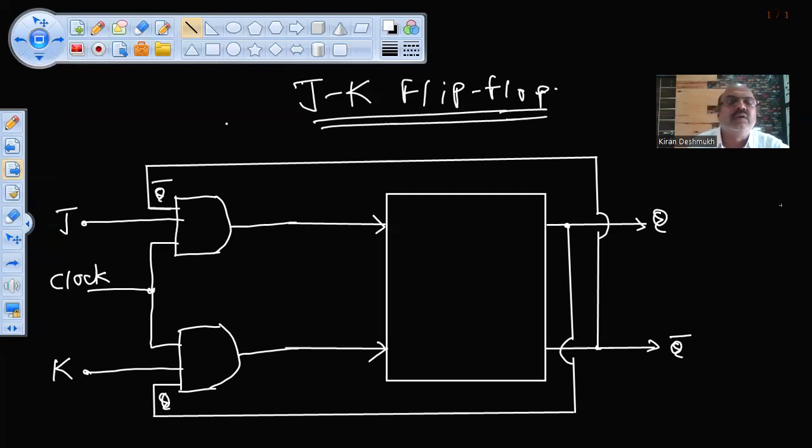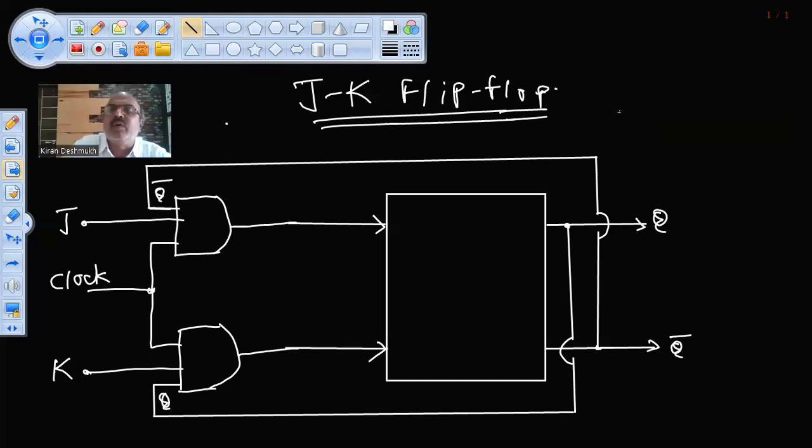Here I don't have any space for drawing the truth table, so I will draw it here. I will say clock, J, K, Q, and Q bar.